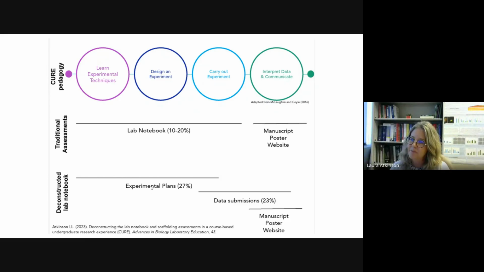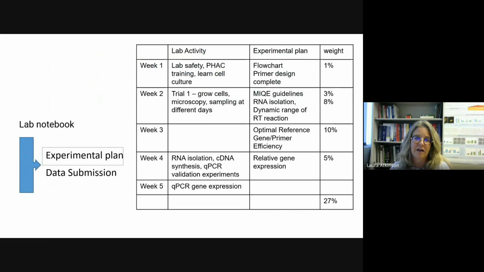So what do these experimental plans and data submissions look like? I'm going to talk and give you some examples of what I've done. So in this course is the molecular biology component of it. I'm going to show you exactly how I developed it, because I believe it's easy to develop for any experiment that you might want to do. But basically what we have here is the first 5 weeks of the course.